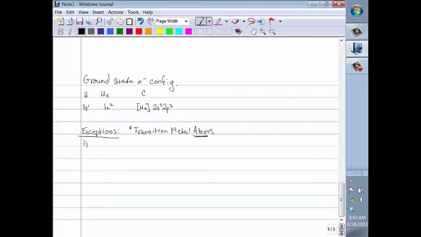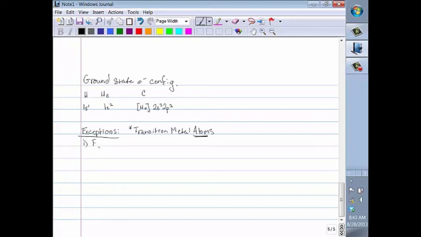Isn't that weird? For the atoms with partially filled d shells, we explain this by reasoning that there must be an energy benefit to putting electrons in the 4s orbital, right? The energy benefit comes from the fact that the 4s orbital is larger and there are fewer electron-electron repulsions in that particular orbital than if you put the electrons in the 3d together.